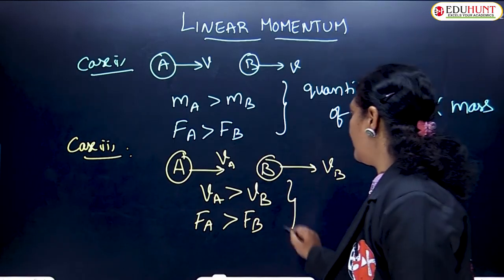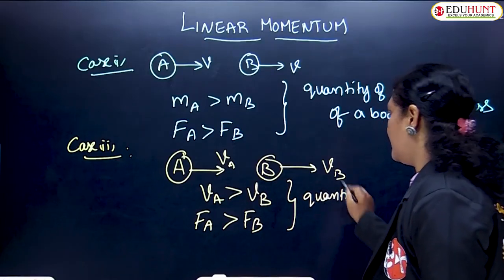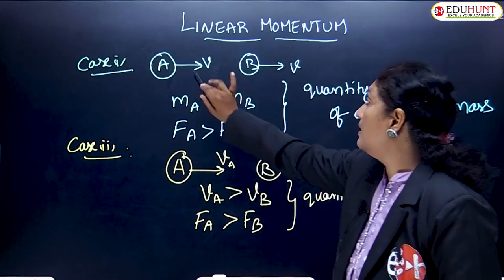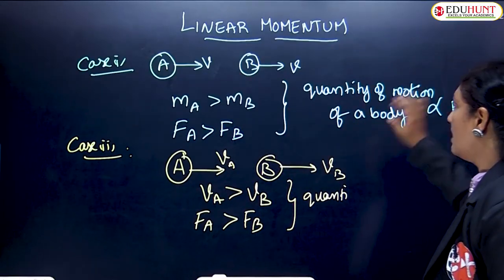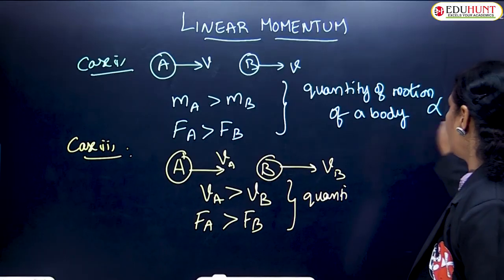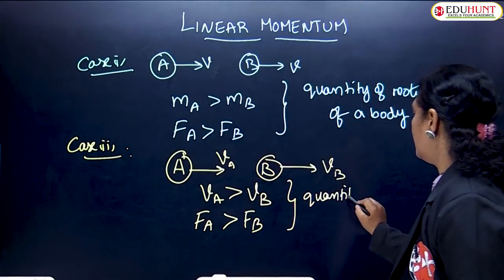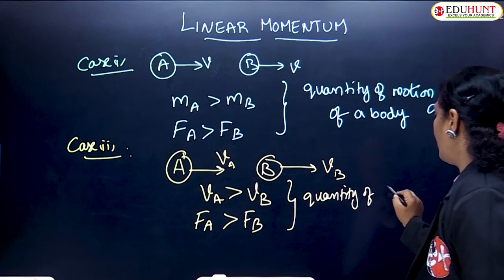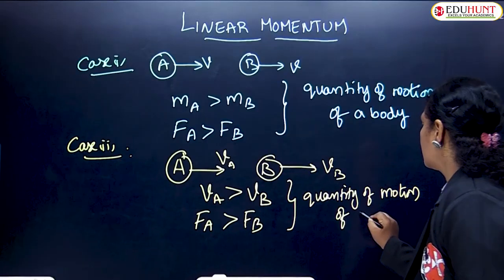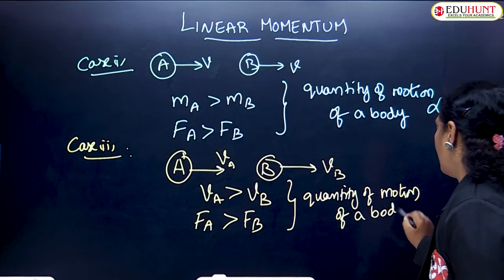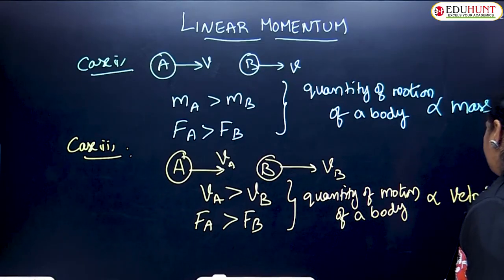So from these two we can conclude that the quantity of motion, again here also they both are set into motion, as in the earlier example. The quantity of motion of a body is directly proportional to the mass in the first case, and here the quantity of motion of a body is directly proportional to the speed or velocity of a body.